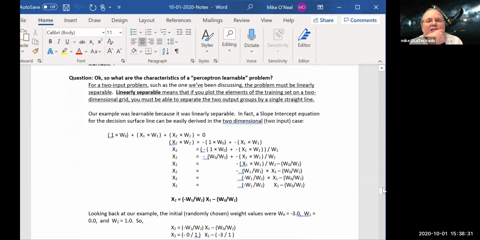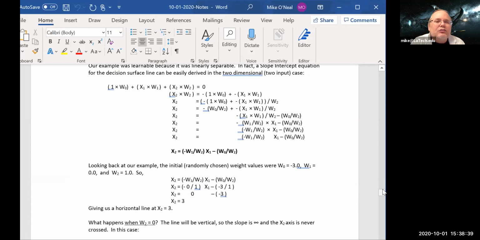So what are the characteristics of a perceptron learnable problem? Well, the first thing is I said that you could take this equation and with a little bit of algebra, you can get it into the slope-intercept version of an equation.